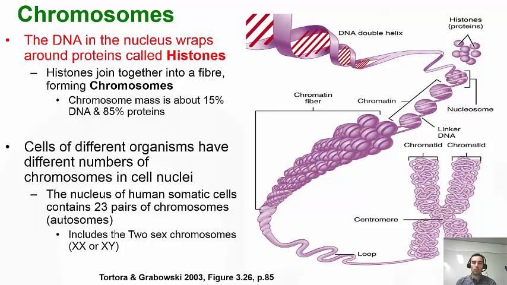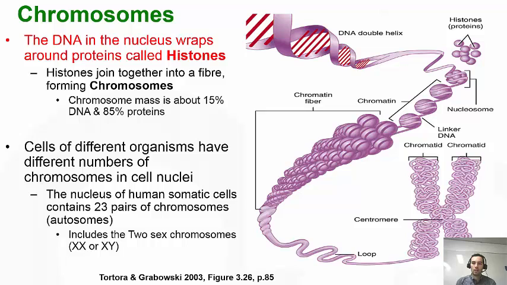And by looping these together, we're actually able to form our chromosomes. So there's so much DNA within our nucleus that to get it to fit in there in a compact way, we actually have to compress it.